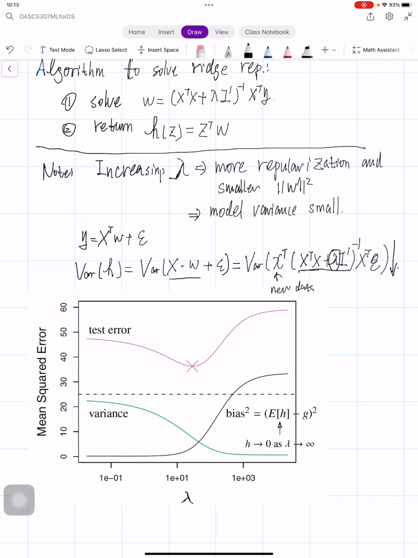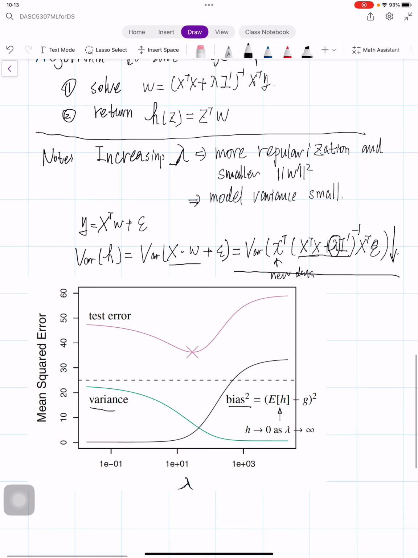As lambda increases, the model variance decreases, but the model bias will increase because of regularization.